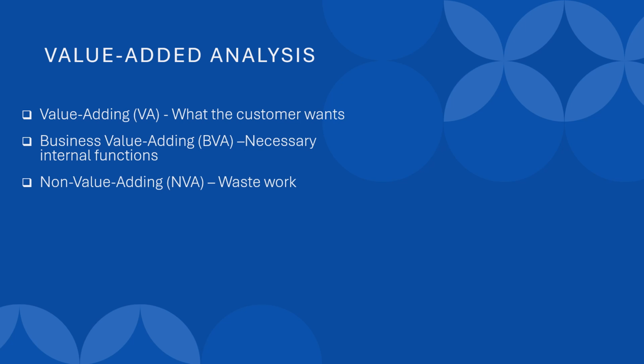Now let's take a simple example, a pizza ordering system. In the value adding section, the steps where the pizza is prepared, baked, and delivered to your door are clearly value adding.